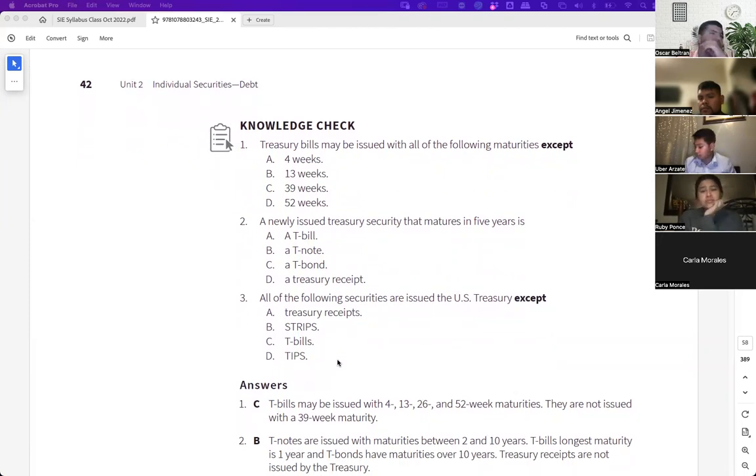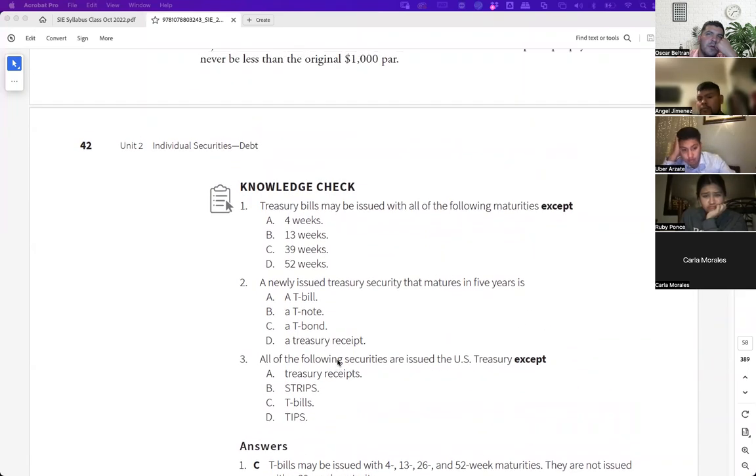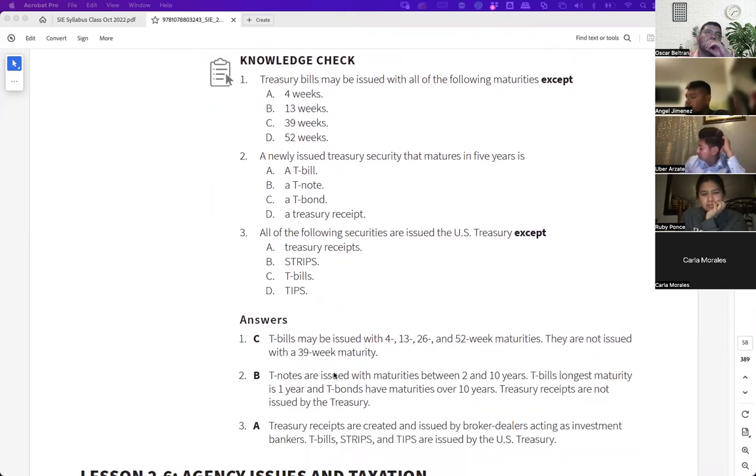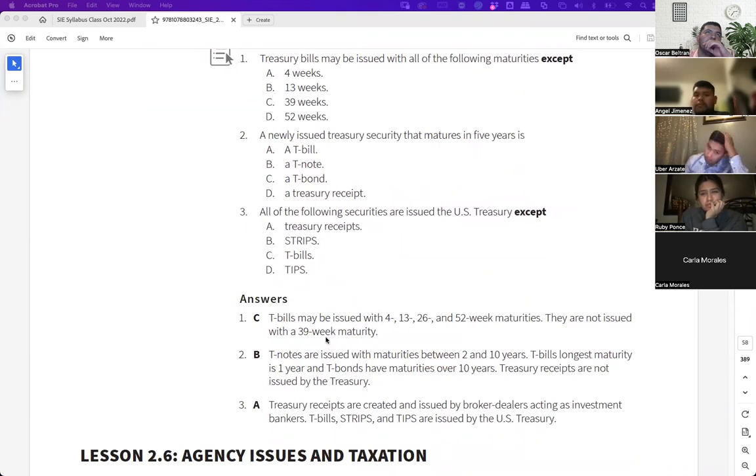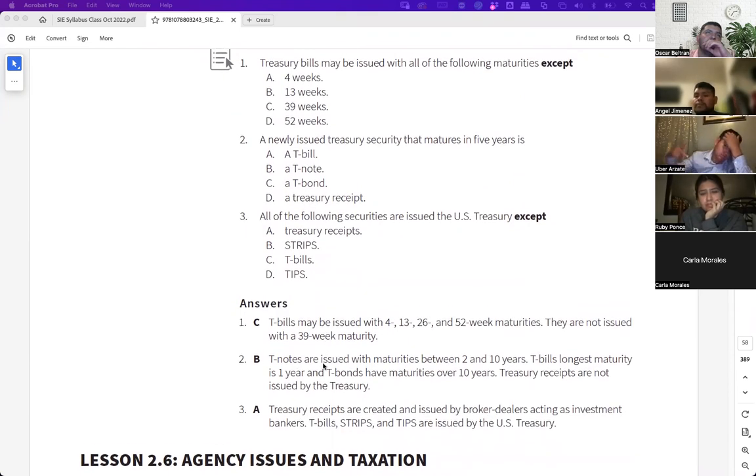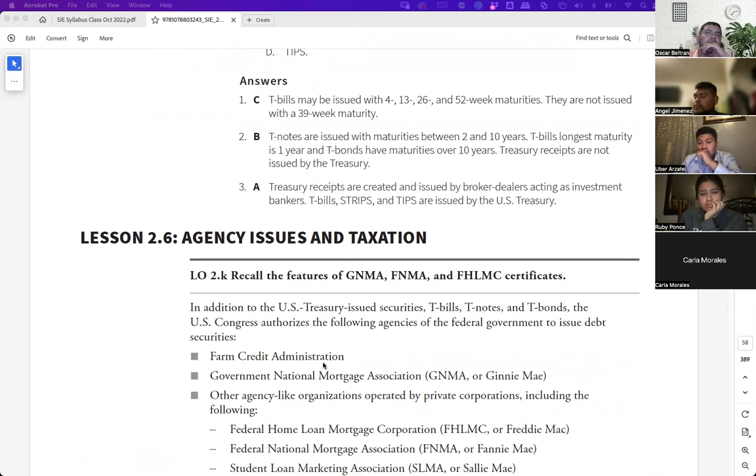And then 3, all the following securities are issued by the U.S. Treasury except A. Yep, because treasury receipts are done by who? FINRA, I think. My broker. Yep, there you go. So it should be A. There it is. So C, B, A.